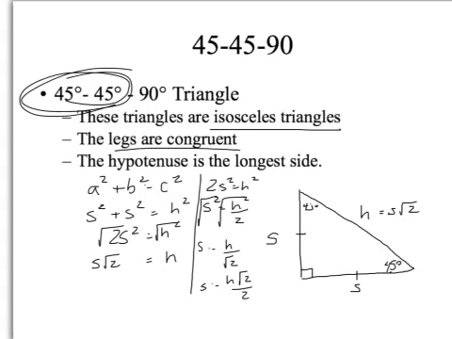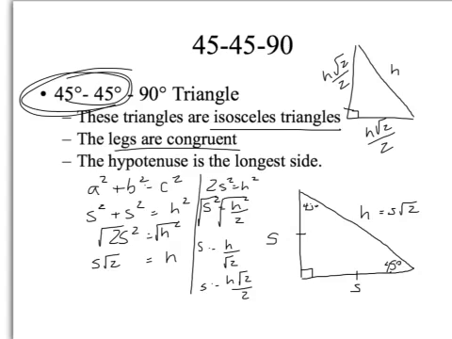So what this means, let me draw a second triangle up here, is if I want to put everything in terms of my hypotenuse, then my sides are my hypotenuse length times the square root of 2 over 2. Okay? So if you ever forget this, now you know how to derive it as well using our Pythagorean theorem.